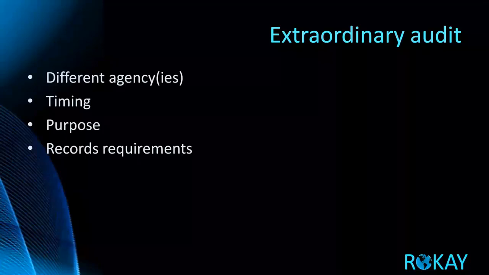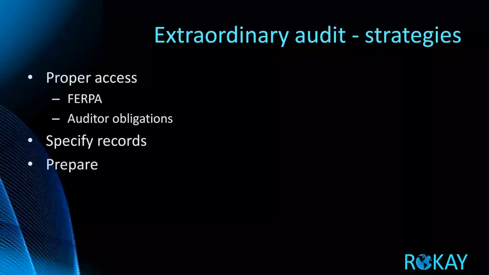Well, if you can find out what the purpose is, you're going to do yourself a favor, and you're going to do the auditors a big favor too, okay? They may have a very specific records requirement, or they may not know what they're looking for and just say, hey, give me everything. So here are some strategies in one of these kind of extraordinary or special audits.